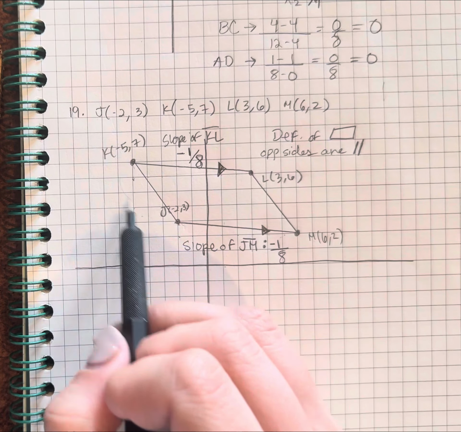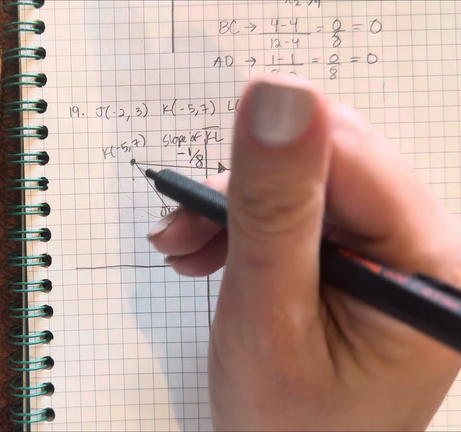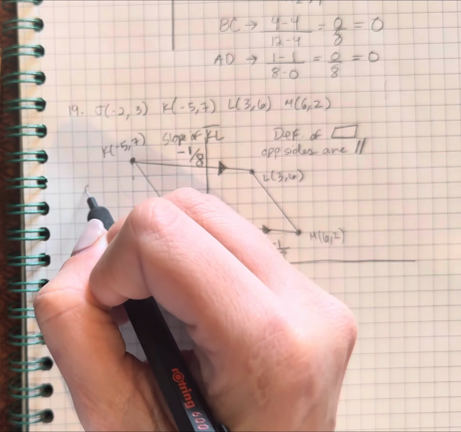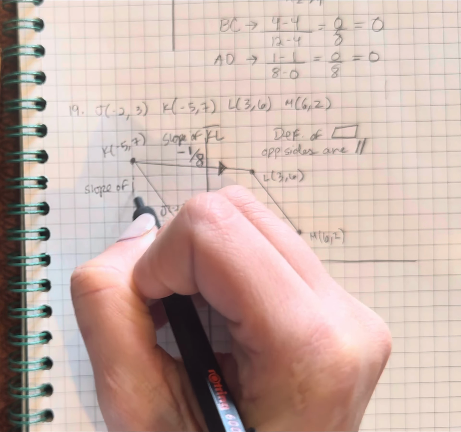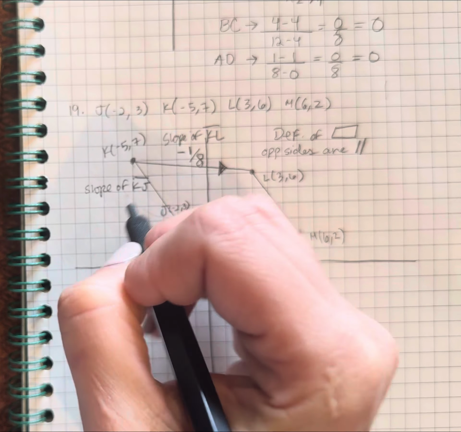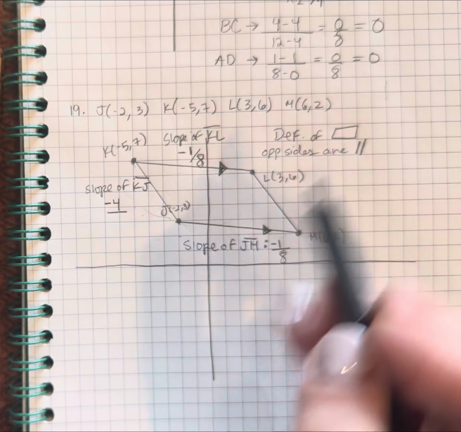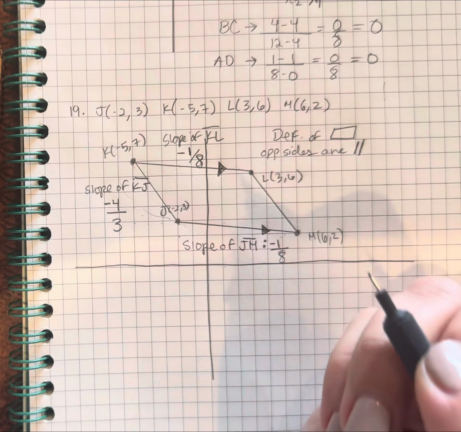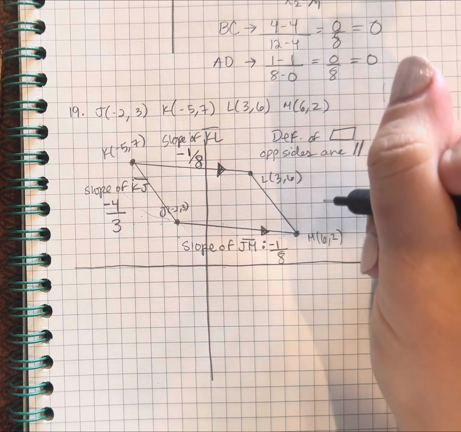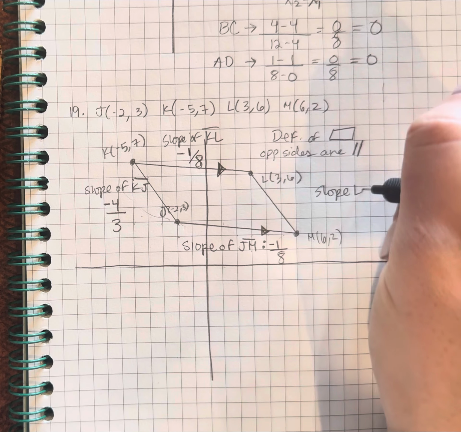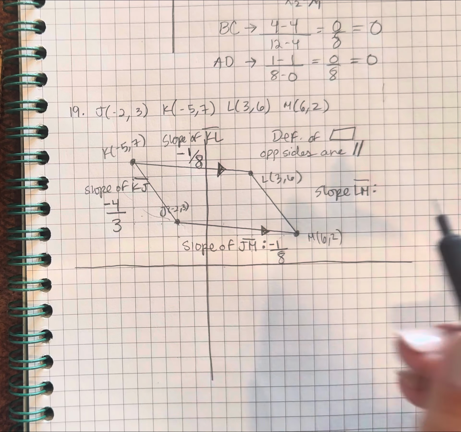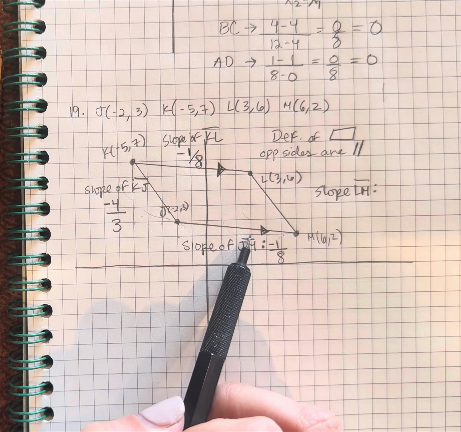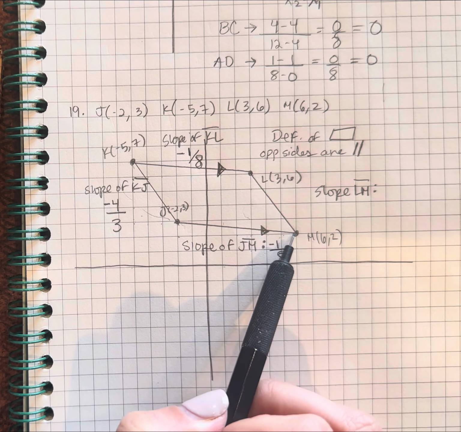Okay, now we're going to do the same between KJ and LM. So from K, I go down 1, 2, 3, 4. Down 4 means -4. Over 1, 2, 3. To the right 3 means +3. And over here, slope of LM will be down 1, 2, 3, 4 over 1, 2, 3.